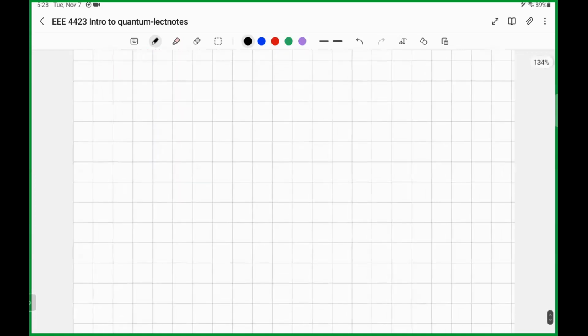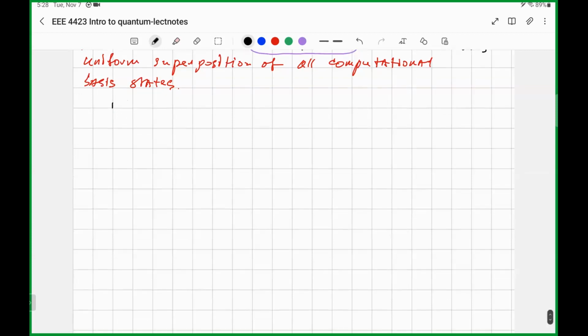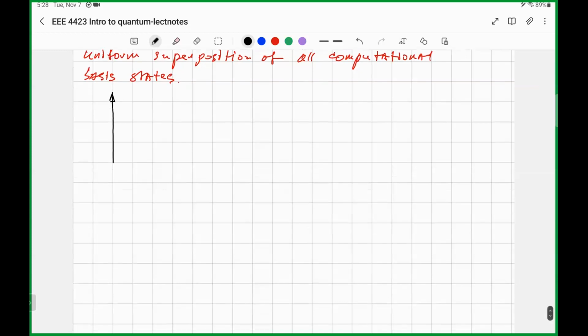In other words, we encode some information into the state vector, and then we search for this state vector. So let us write this state vector like this and denote it by state omega.